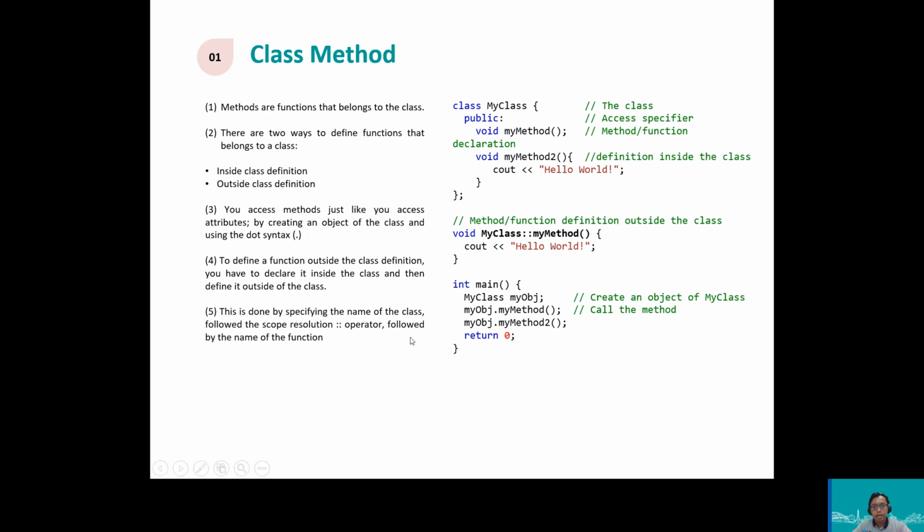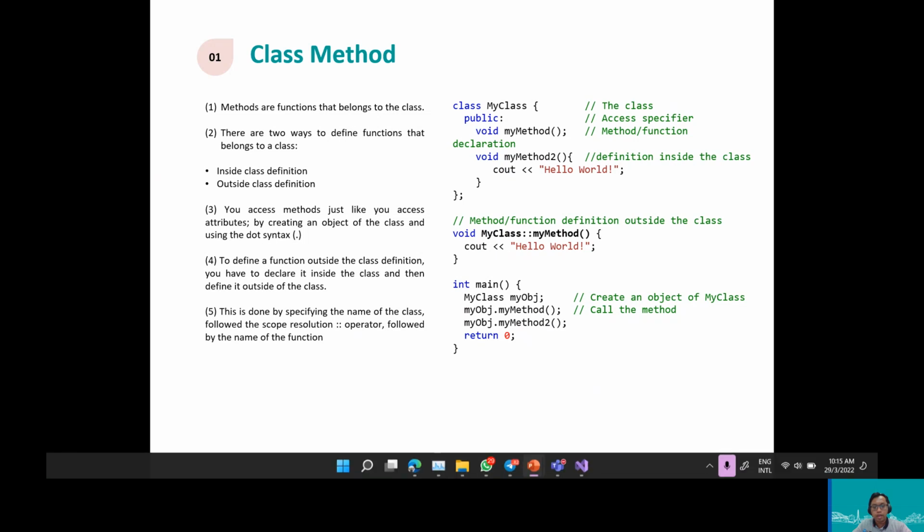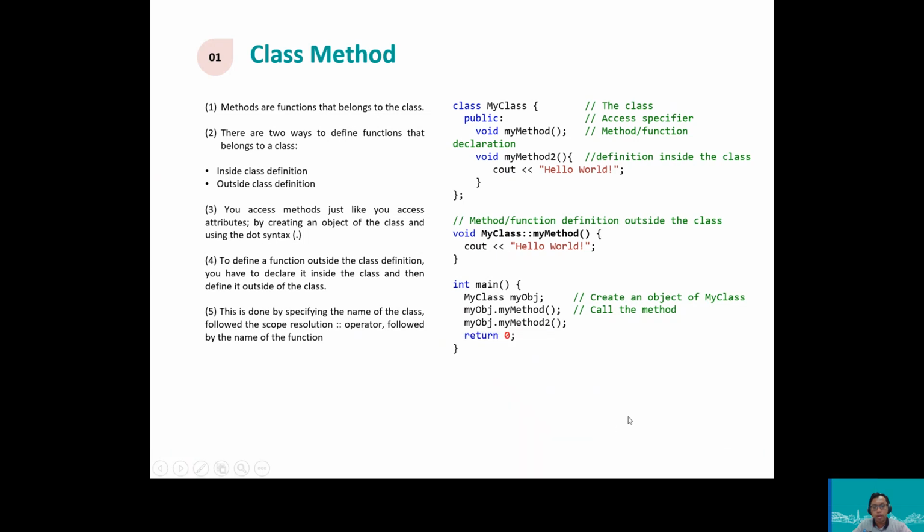In this coding I showed two examples. One is where the function definition is outside the class, you see here, and the other one is inside the class. I hope you can see the difference between them.